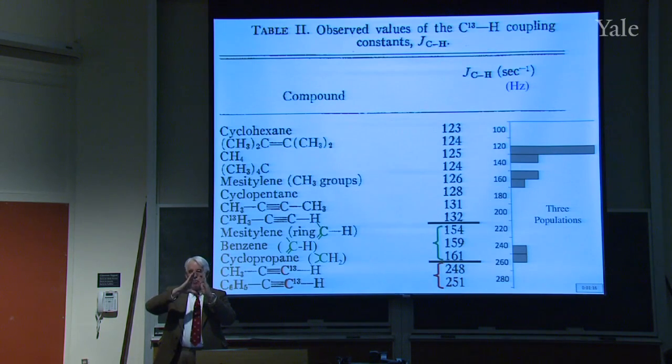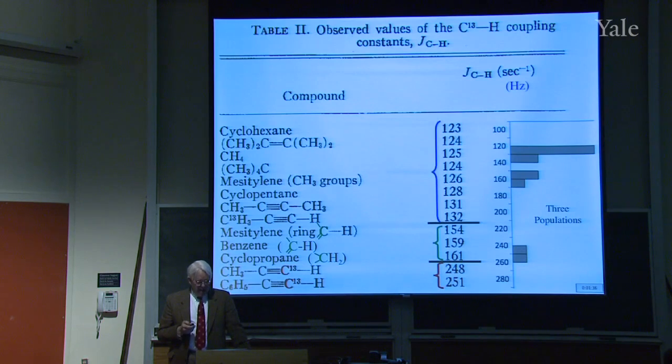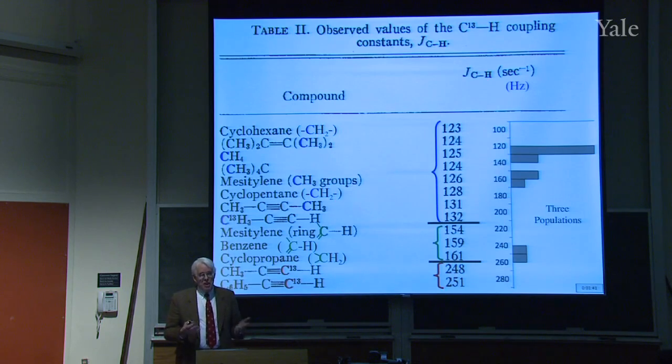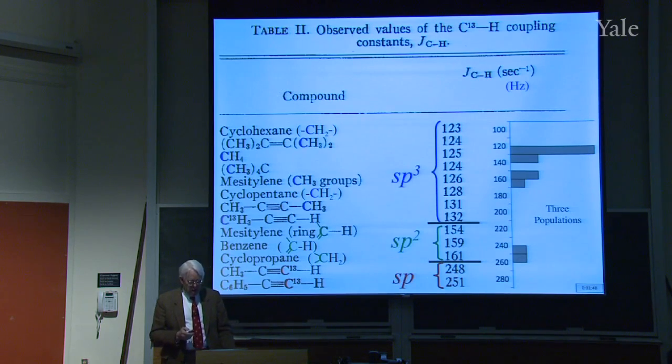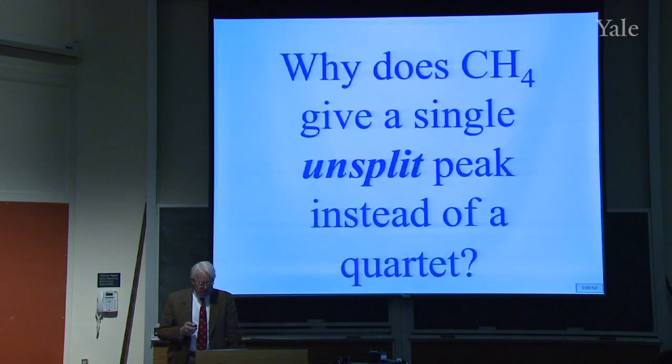Because its bonds normally are tetrahedral, sp3, but when you try to make a smaller angle, there's more p character in the bonds to the other carbons, therefore more s character coming out to the hydrogens. So we can actually see that hybridization change in the NMR. And then these others are normal methyl groups, sp3 hybridized carbons. So here in NMR we have direct evidence for this hybridization stuff we talked about last semester. Okay, so it's sp2, sp3.